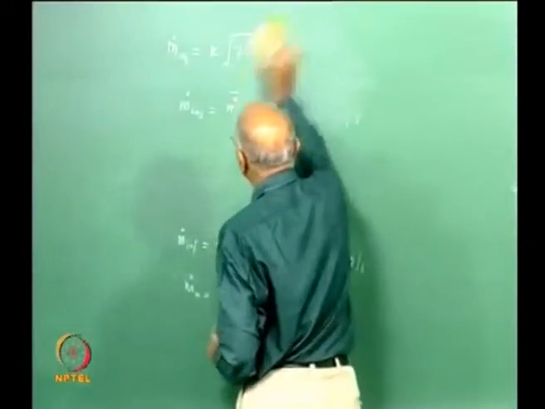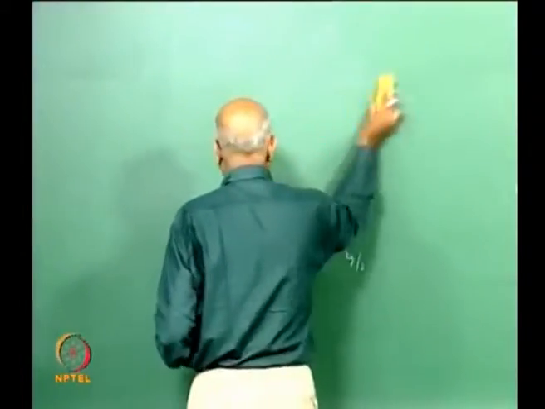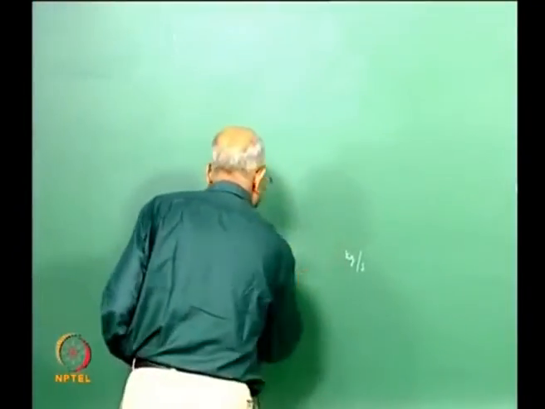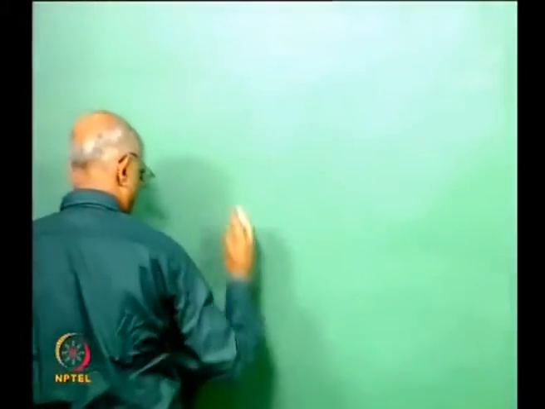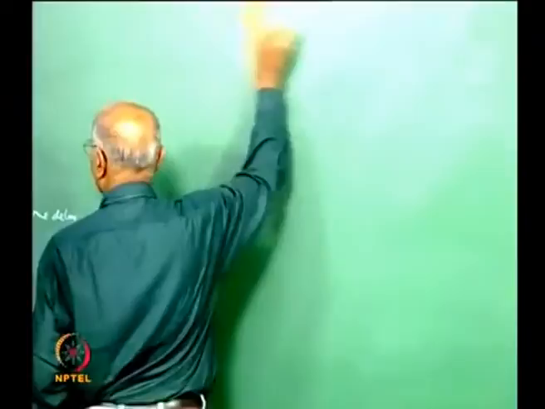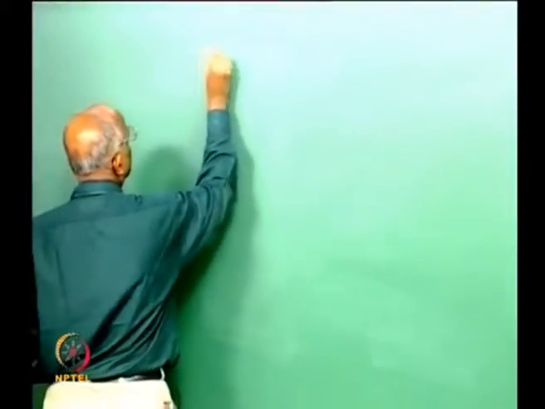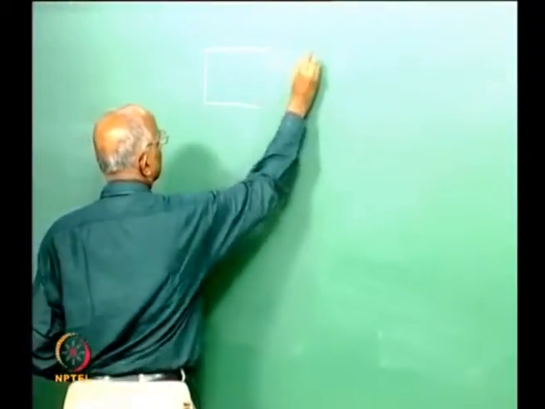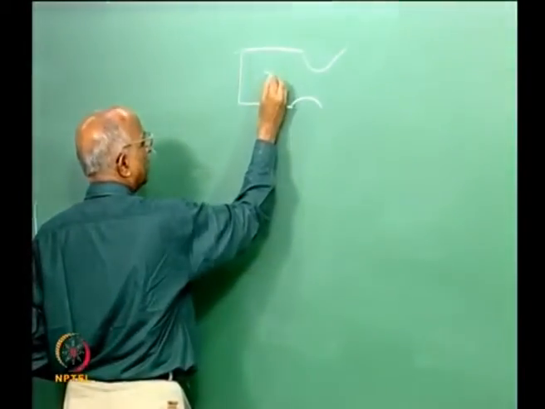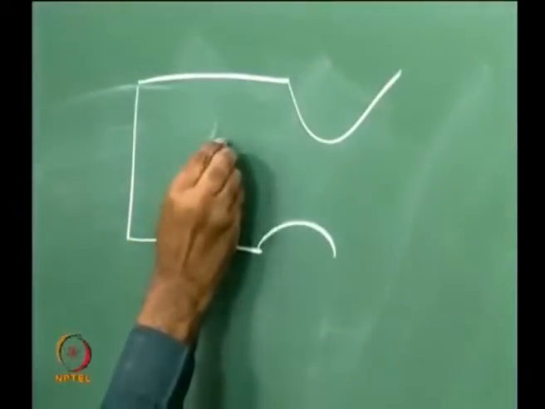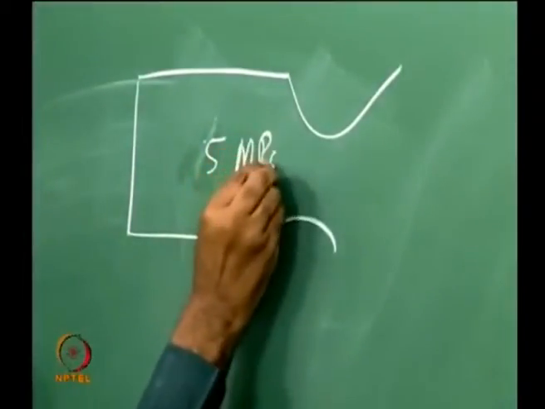Let us now assume I have another rocket chamber, in which my injection pressure is, let us say, 7 MPa, and the chamber pressure is still the same. I keep it at, let us say, 5 megapascal.